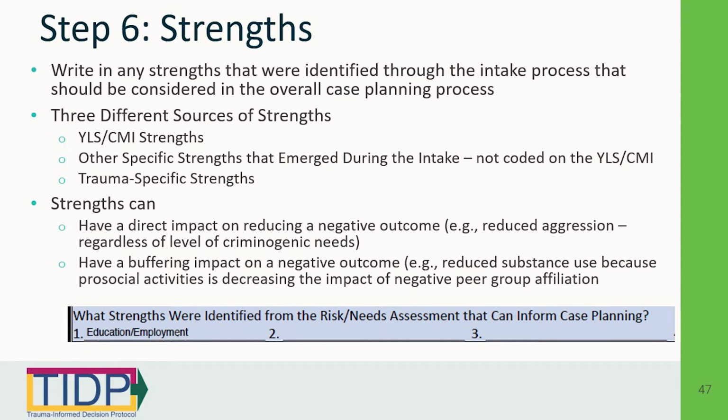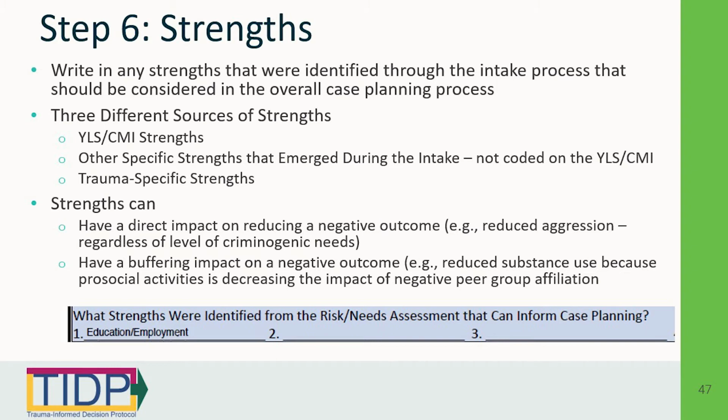Another reason that strengths can be important is that strengths might have a buffering effect. It may buffer against the impact of a negative outcome, because it may be reducing the presence or the impact of one of the criminogenic needs on the total risk for future delinquent behavior.